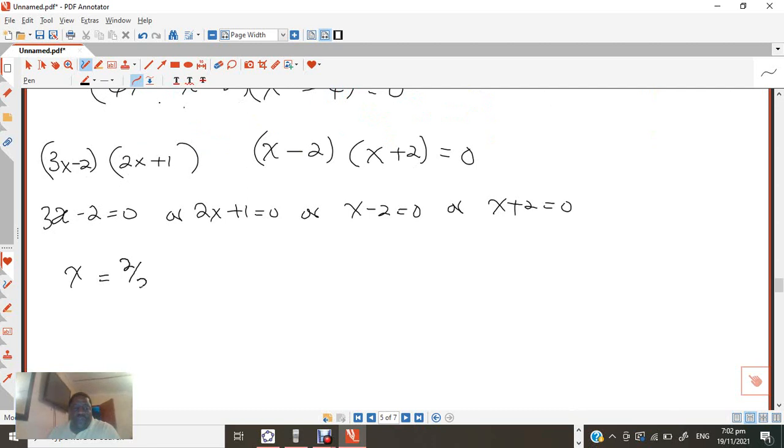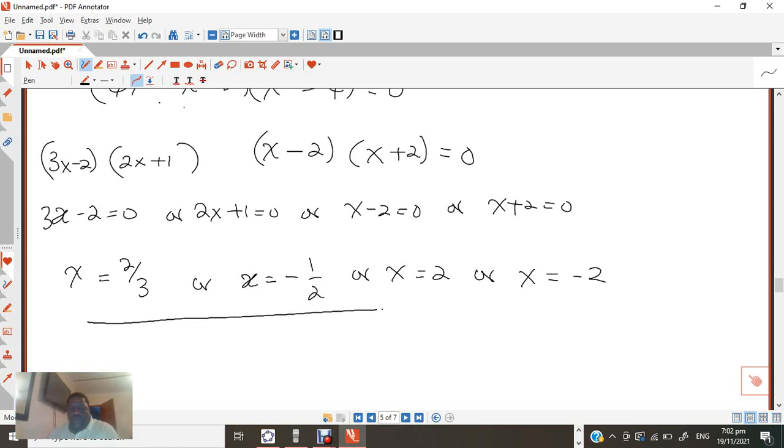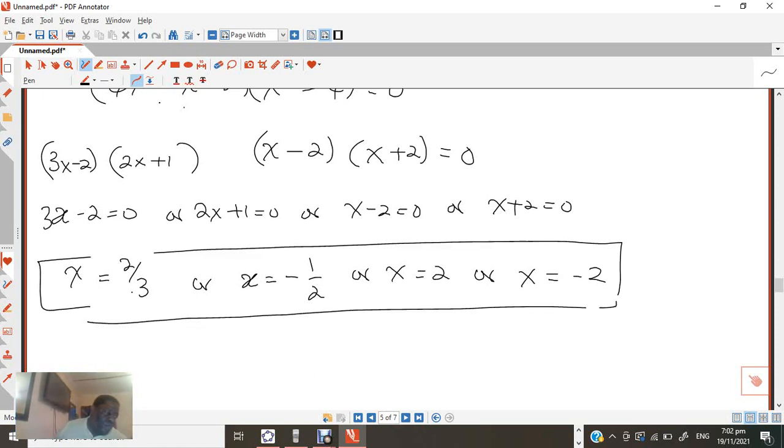So this is going to be x equals 2 over 3, or x equals negative 1/2, or x equals 2, or x equals negative 2. So these are then our solutions to the equation. 3 marks.